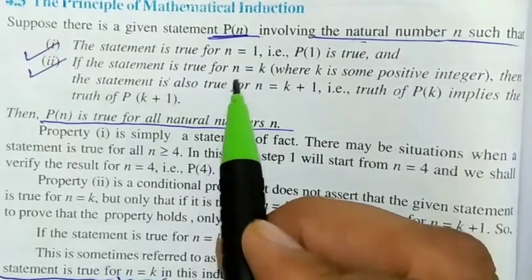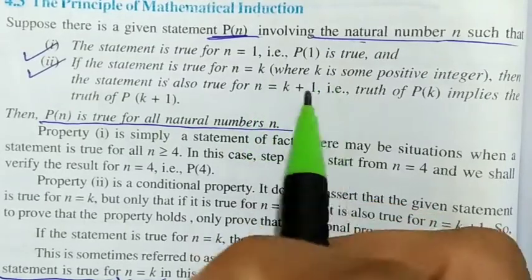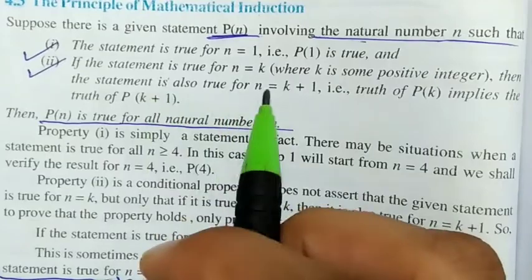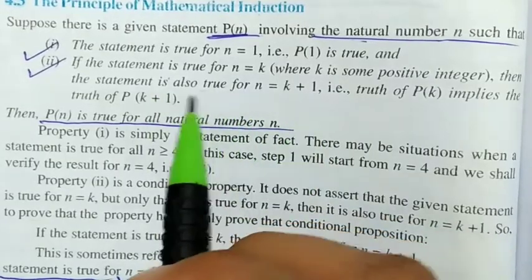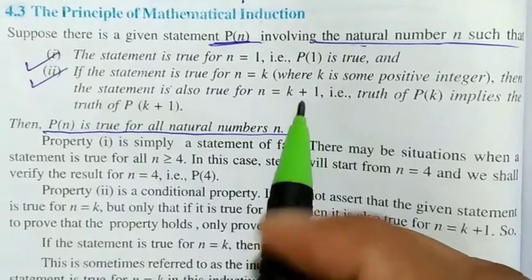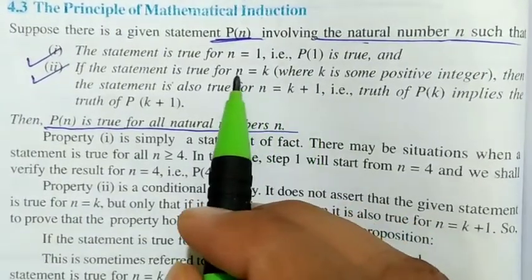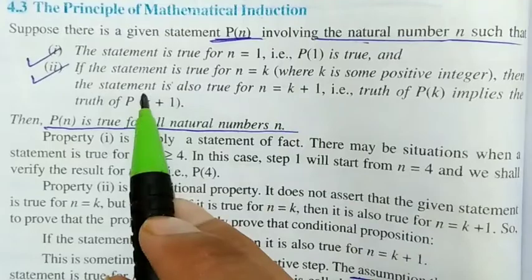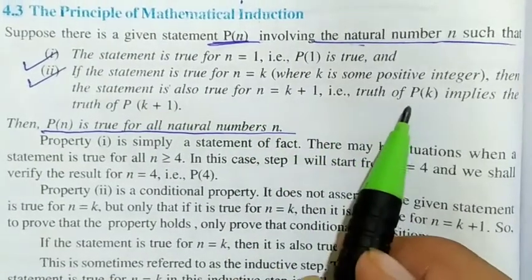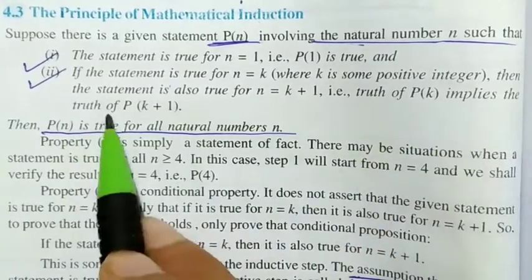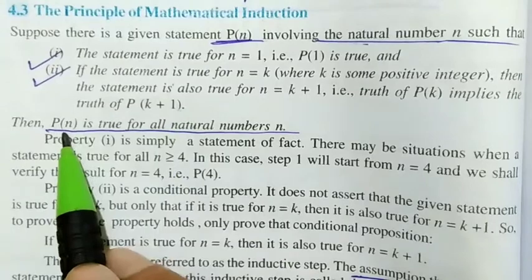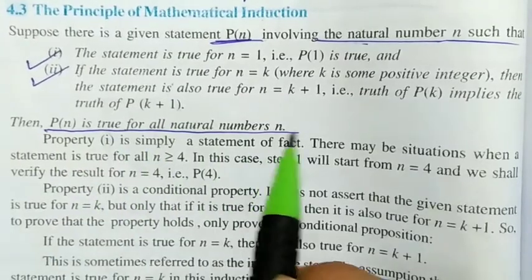If the statement is true for n equals k, where k is some positive integer, here we assume this is true for n equals k, then the statement is also true for n equals k plus 1. This we establish by using n equals k. Now if the truth of P(k) implies the truth of P(k+1), then P(n) is true for all natural numbers n.